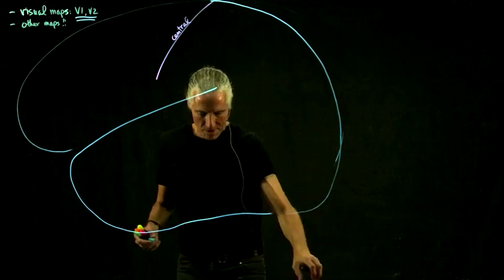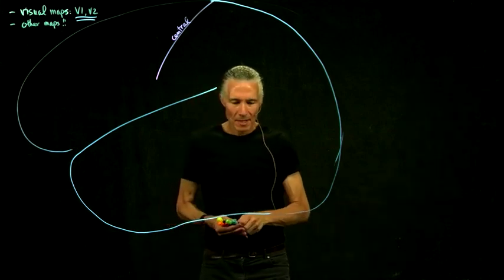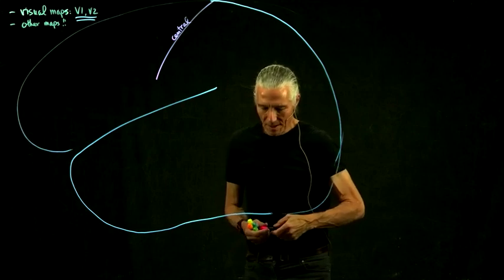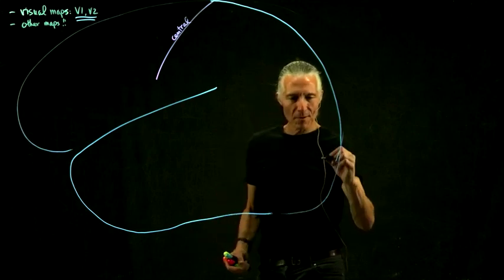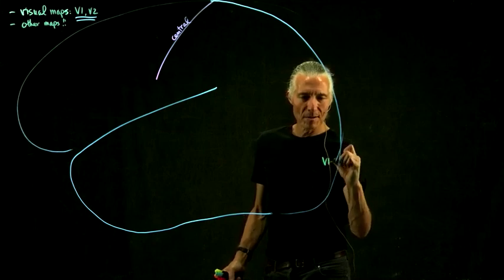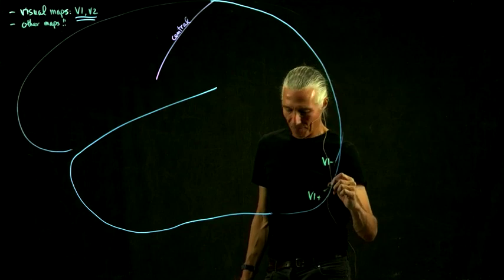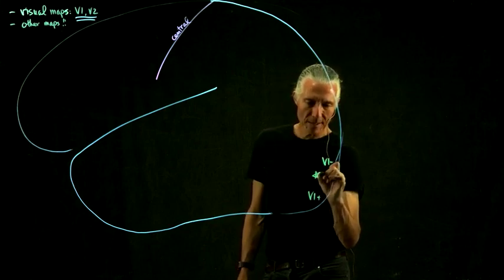Okay, so how is this set up? What we already did was V1. Here's V1 lower field, V1 upper field. It just peaks slightly around.